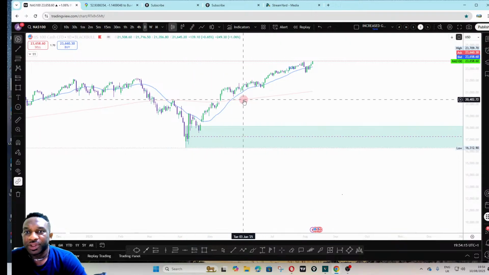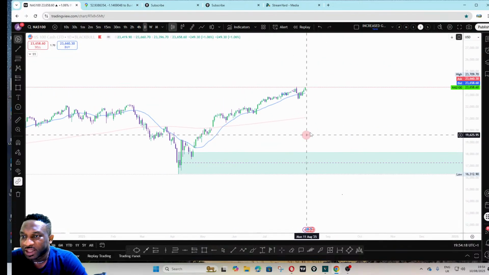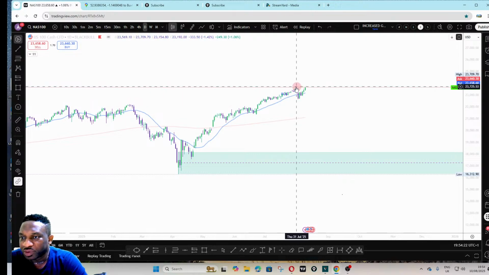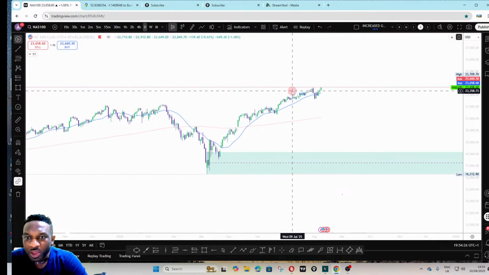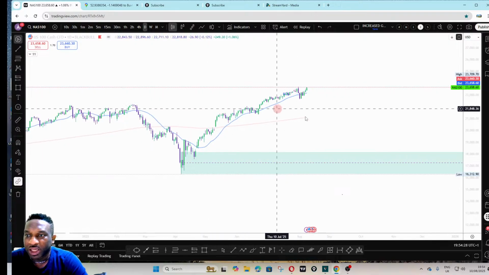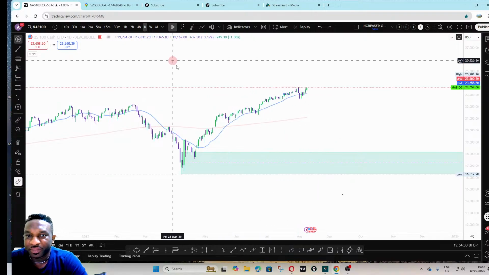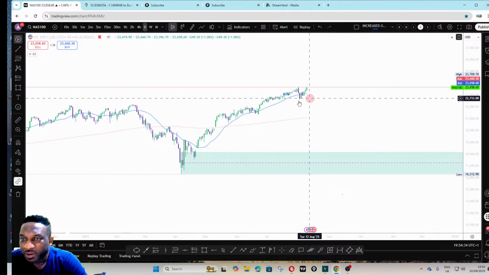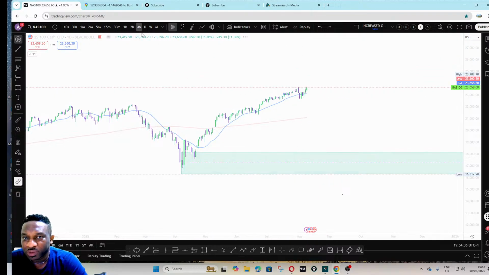Okay, so this is the daily as well. We can see that the whole of last week we were on this bullish run, got to this high again. So from this high, we want to see the reaction of the markets, what will happen from here. So on the daily, we can see it's bullish. That's what we want to see from there.